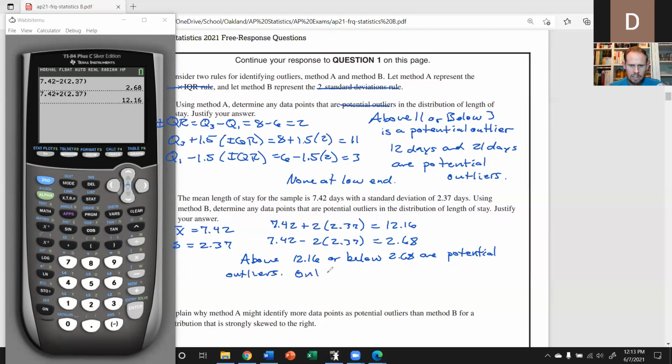So only 21 days is above 12.16. So it is our only potential outlier.